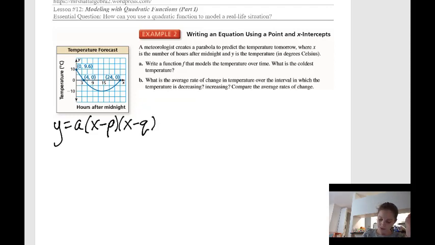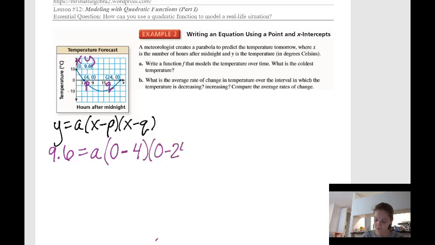The intercepts are my p and q values, and I have been given a point, and this is going to be my y and x. So I can use those 4 values to solve for a. y is 9.6 equals a, I don't know, times x, 0 minus 4 times 0 minus 24.